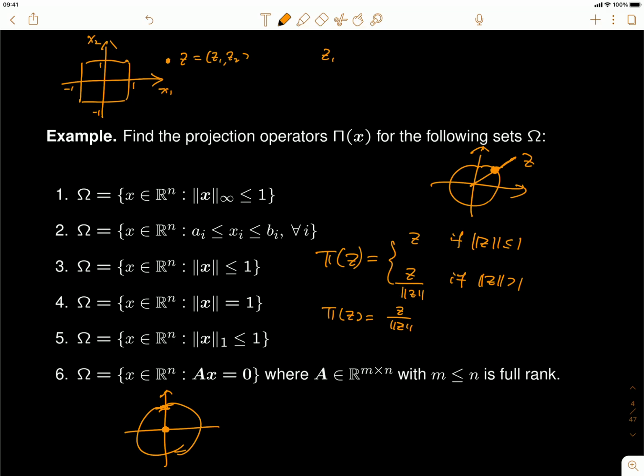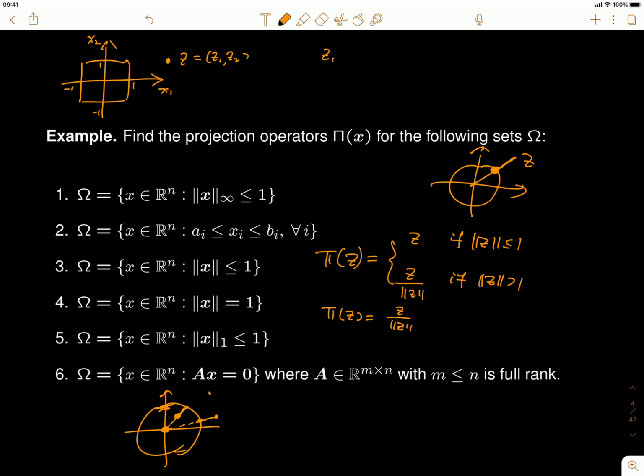If it's some other point, say here, this should be fine. It will just be the closest point. You make a connection between the point and the origin and project it: you take the intersection of the line and this curve. Similarly, if you have a point in here, then the projection is just the closest point there.